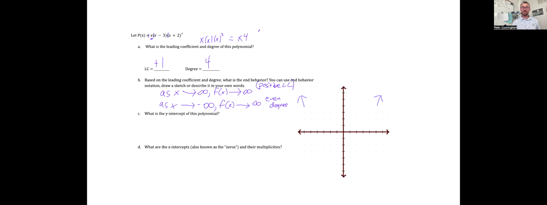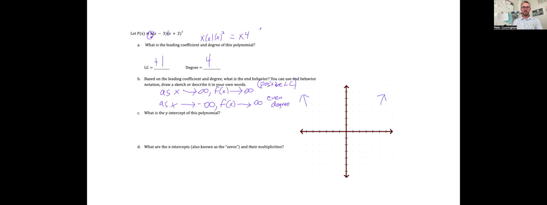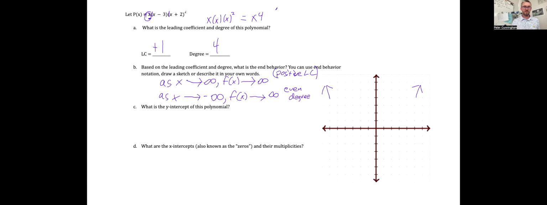Y-intercept of this polynomial. Okay, hopefully you were paying attention. You've got -3 and 2 squared, but x being all by itself, that's going to give me a 0. So maybe you skipped on down to the zeros portion here. Okay, this 0 of 0, 0.